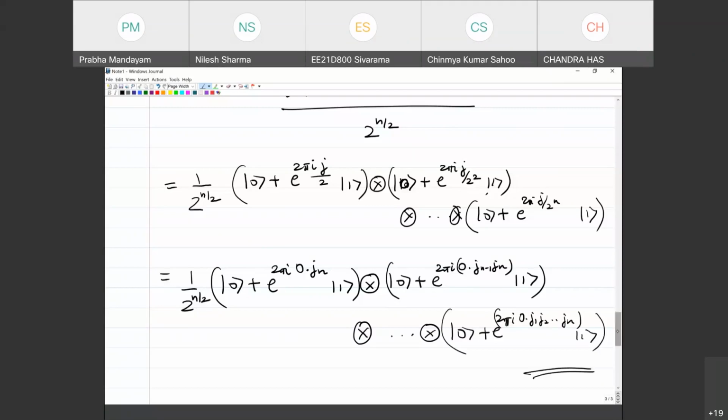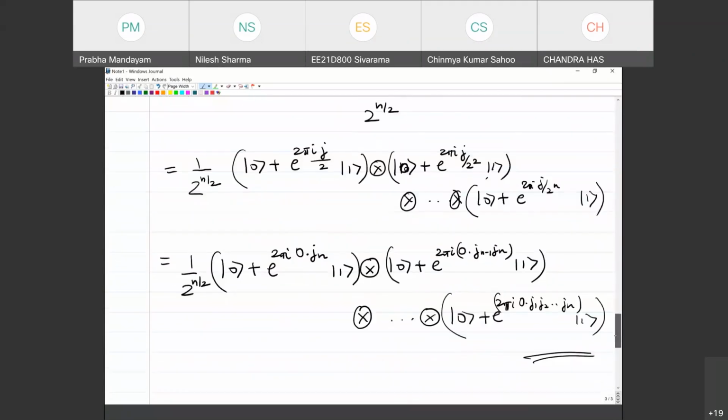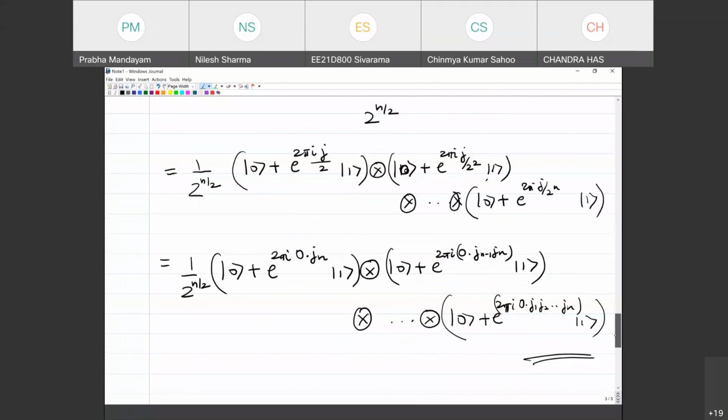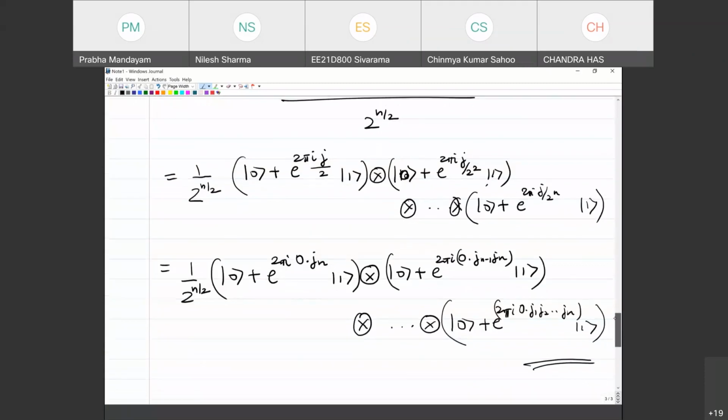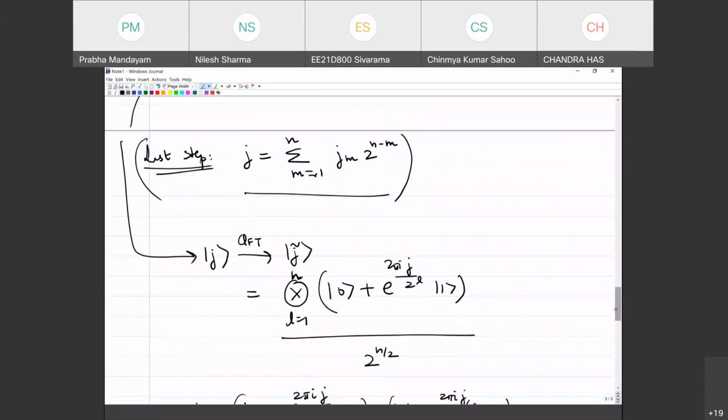Is this idea clear? It's just the last step maybe where you may want some further explanation. So remember that this is the binary form, right? Now I'm dividing this by 2. Dividing this by various powers of 2 in the exponent, right?